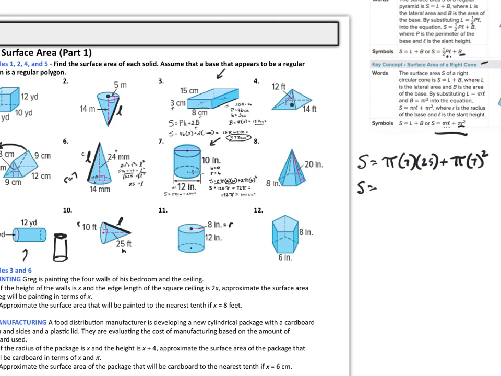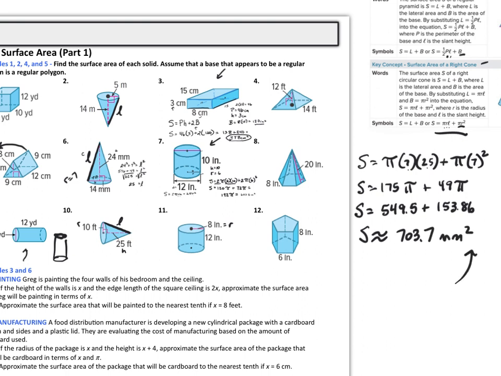So the surface area is going to be equal to 175 pi plus 49 pi. Surface area is going to be equal to 549.5 plus 153.86. So my surface area is going to be approximately 703.7 millimeters squared.